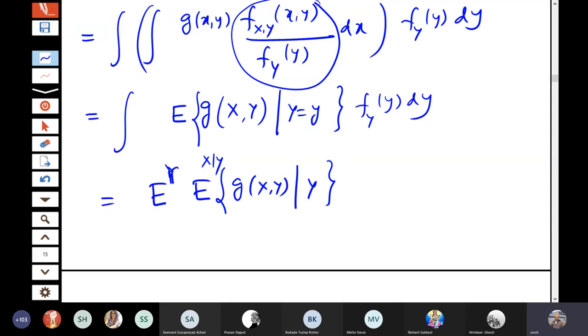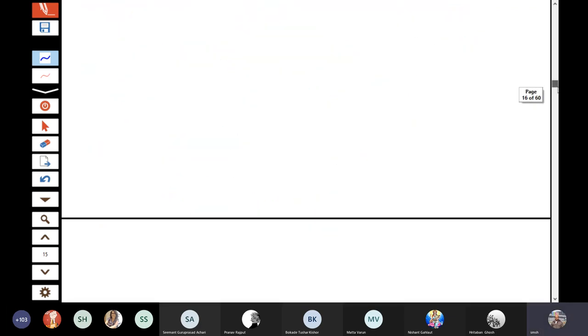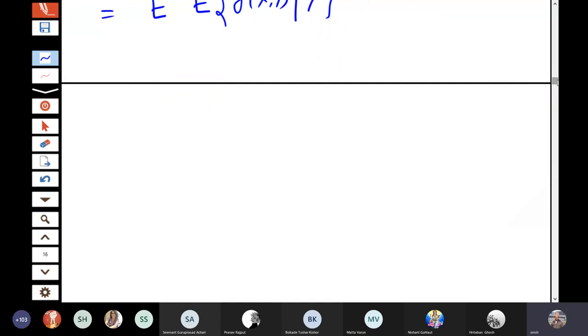And I can also interchange the roles of x and y here. Here I can divide by the marginal of x also. If I do that, then this will become the expectation of y given x, and here it will become the expectation of x. So we then get the following result, which I state here.